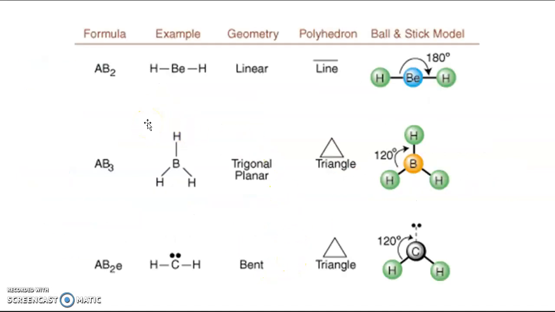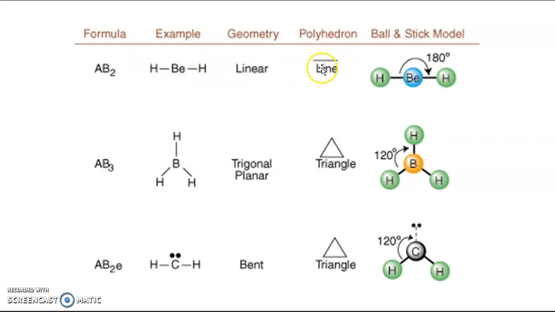We are going to study the linear one, the trigonal planar, and the bent one in this case. As you can see, in the linear geometry, we have three atoms, the central atom and two that are around this one, but they are bonded in a line.